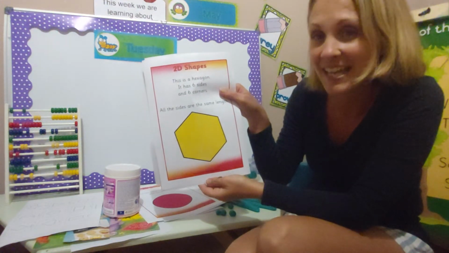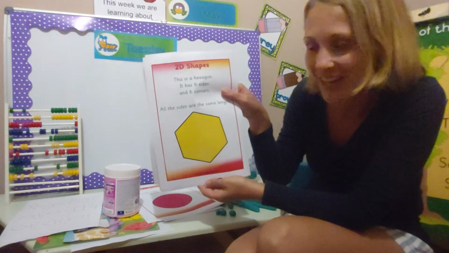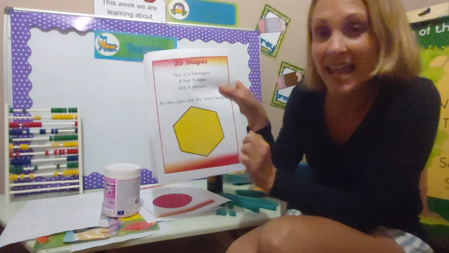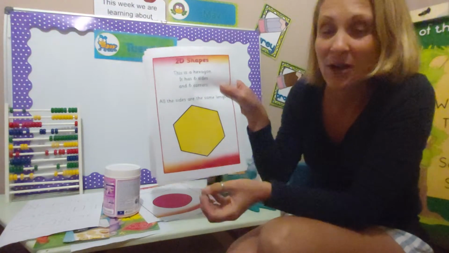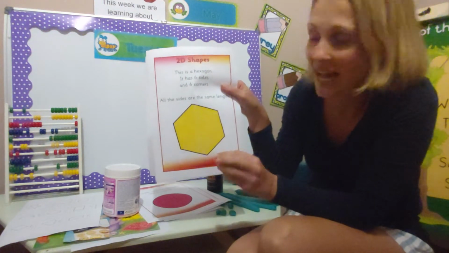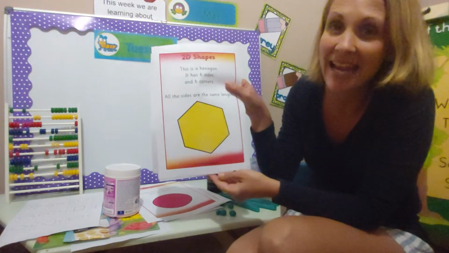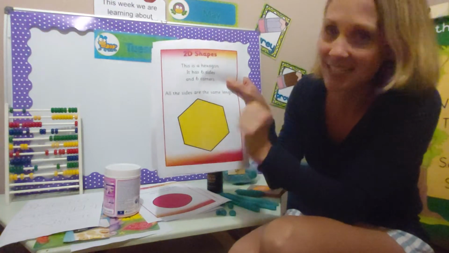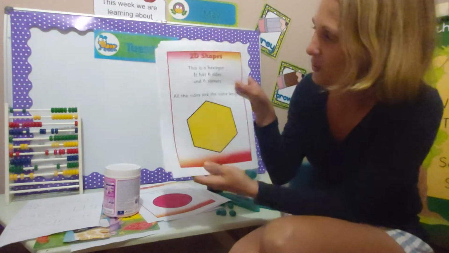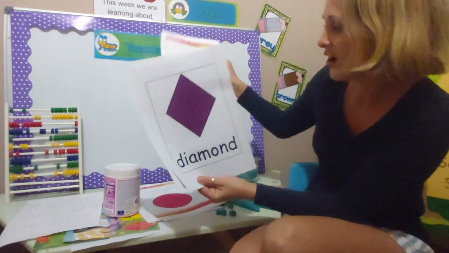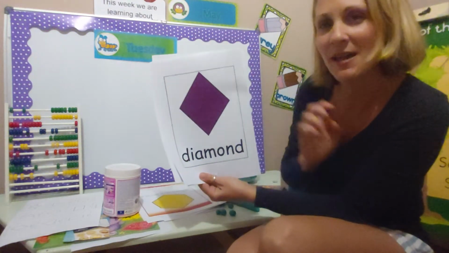It is a hexagon, and we often see a hexagon in a beehive. All the little compartments or segments in the beehive have got lots of hexagons. So a hexagon has got 6 sides and 6 corners. Very good.